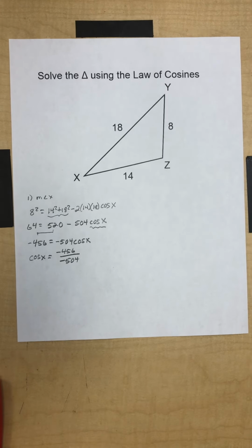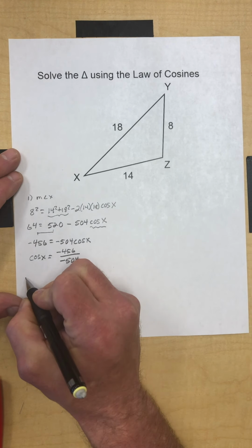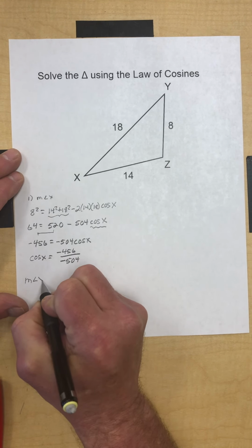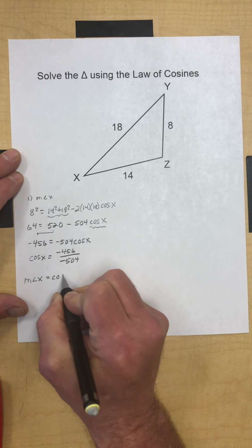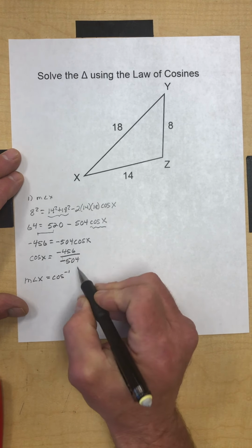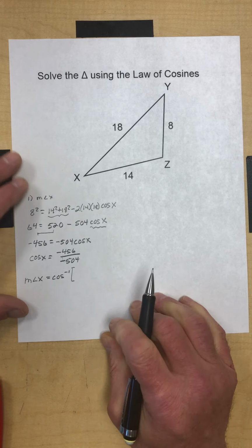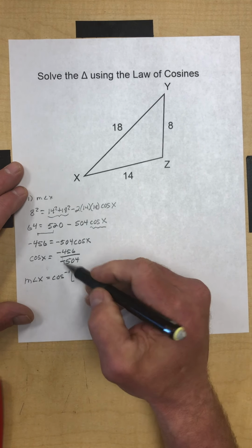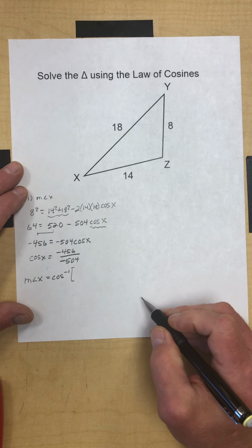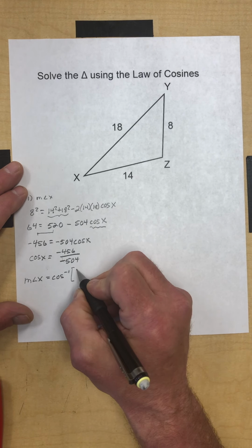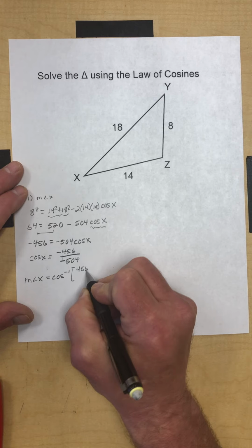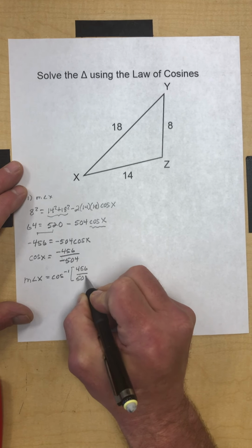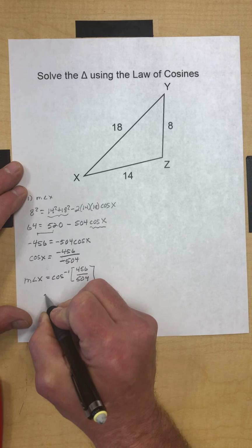So if that's the case, that means the measure of angle X is cosine inverse of this ratio. Now the negatives cancel each other off, so you can drop them off if you want. If you want to keep them both, keep them both. It's not going to make any difference. It'll give you the same answer. I'm going to drop them off. So 456 over 504, and then I just punch that in.